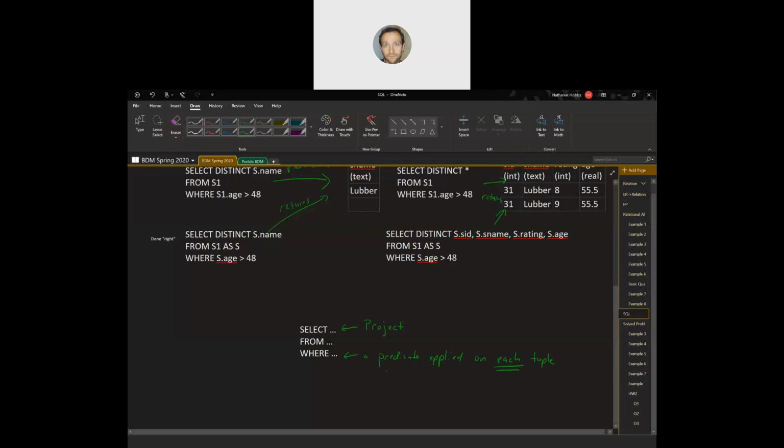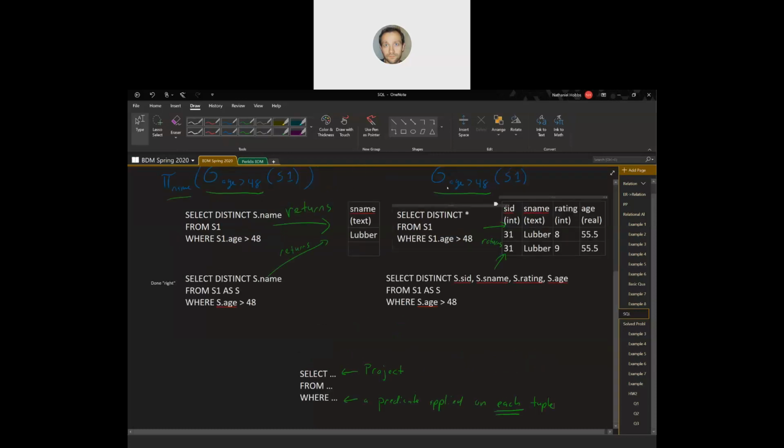Okay, so the same way that a select is applied to every single element of a relation, this where is applied to every single row of a table. And the from, I guess I'll give this away a little bit for the next class. This is a Cartesian product.